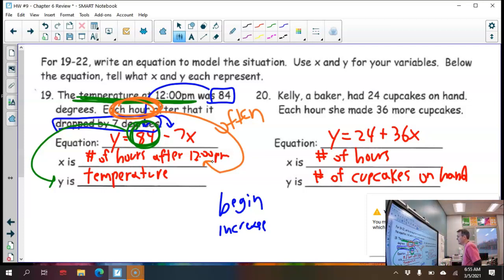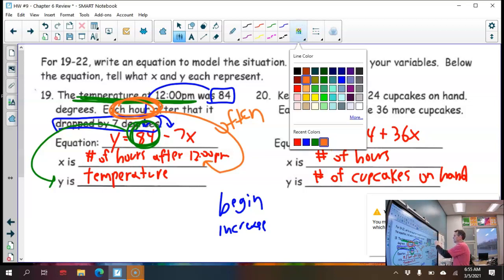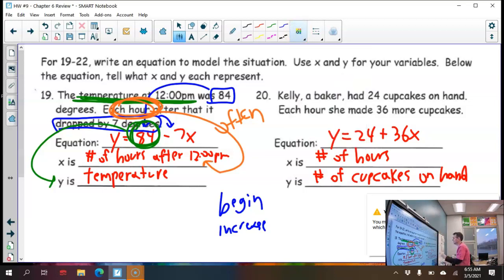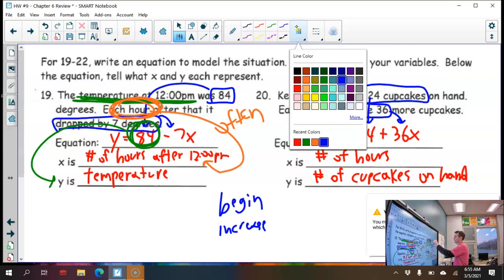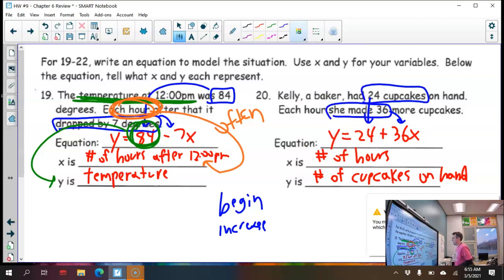All right, number 20, the beginning amount. Let's go back to blue. The beginning amount is she had 24 cupcakes to start. So that's my beginning amount. And it looks like she is making 36 more. So it's going up by 36 each time. The beginning amount is the y value.